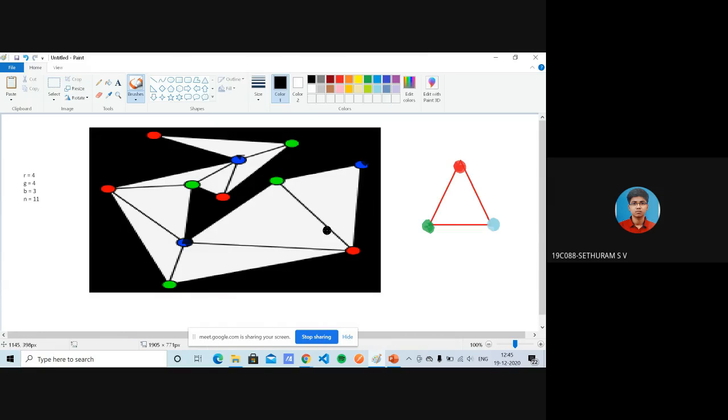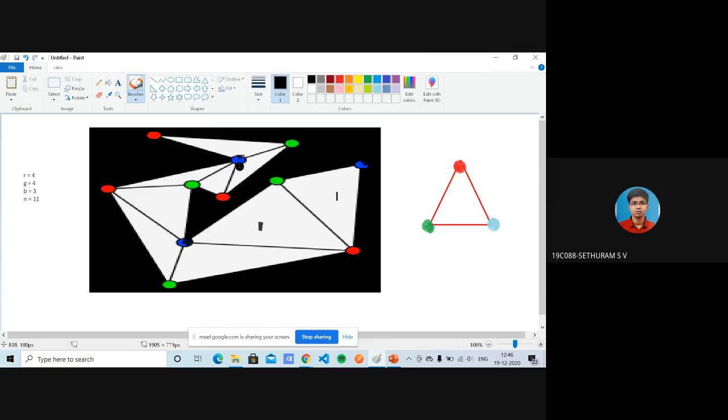For example, this camera can get the coverage of this triangle, this triangle, and this triangle. Same goes for this one. This triangle doesn't share any other triangles, so this will be getting the coverage of this one.